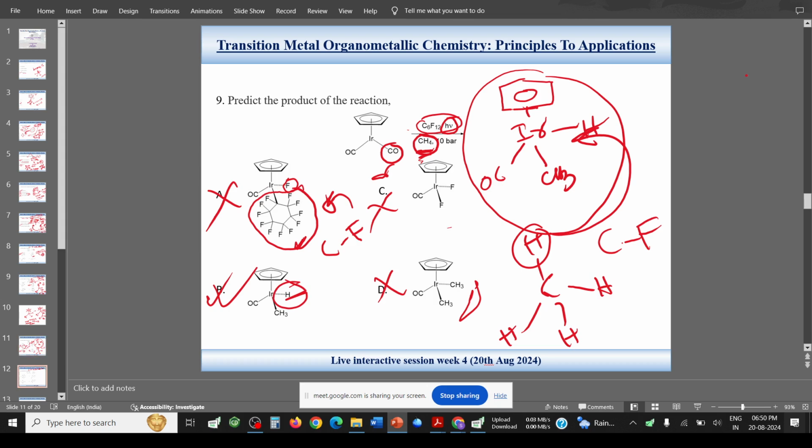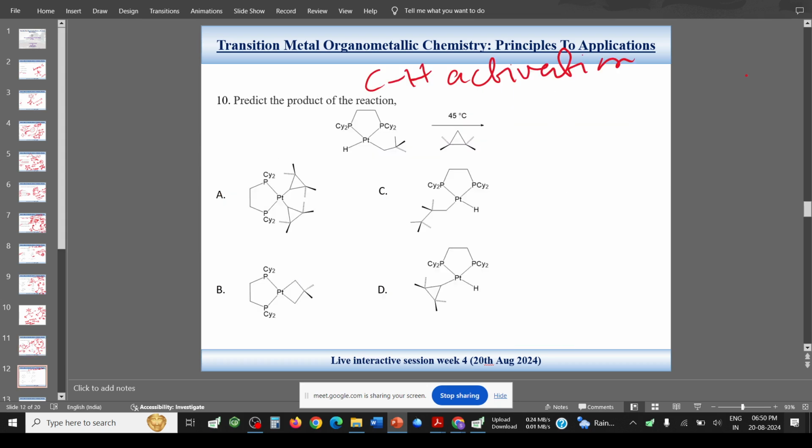As I told earlier, if you understand that this is a CH activation reaction, you can easily eliminate two options: your answer should have the CH activation and it will be a metal hydride complex. With that you can easily eliminate option A and option B. So the remaining options are C and D.